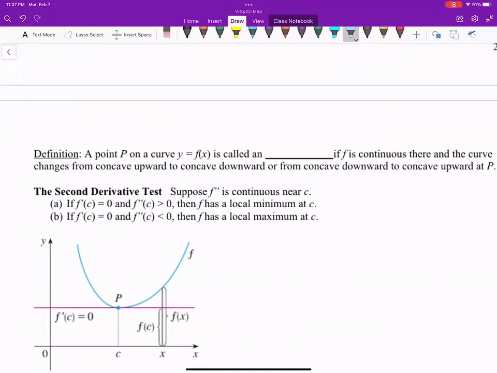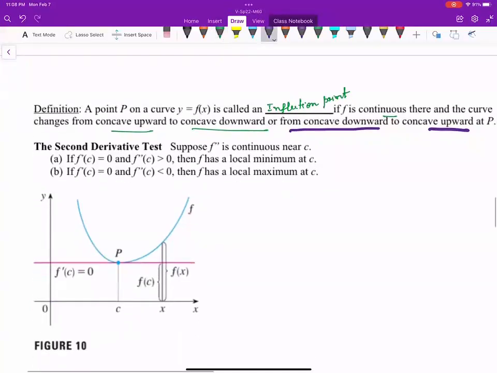Wherever the graph changes concavity, such a point is said to be an inflection point, if f is continuous there. This definition leads to the second derivative test.